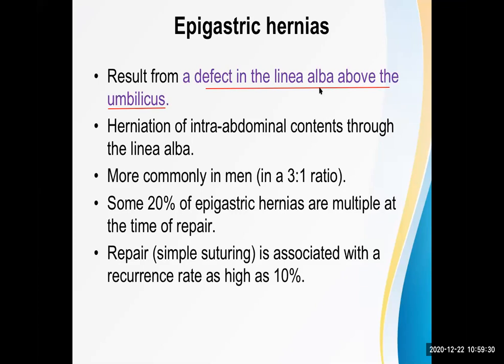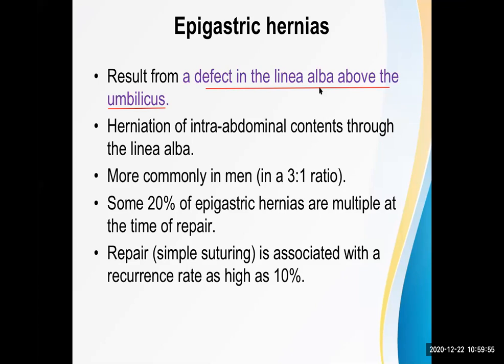So this linea alba is the midline structure. Remember, on both sides of the midline in the anterior abdominal wall, we have two rectus abdominis muscles. Those rectus abdominis muscles are covered by rectus sheath. Okay, they are fused in the midline. This is known as linea alba.